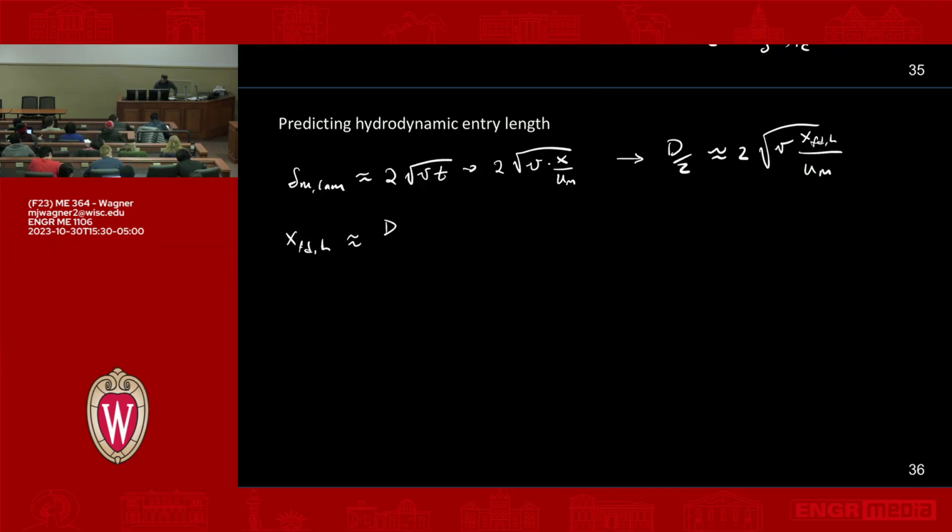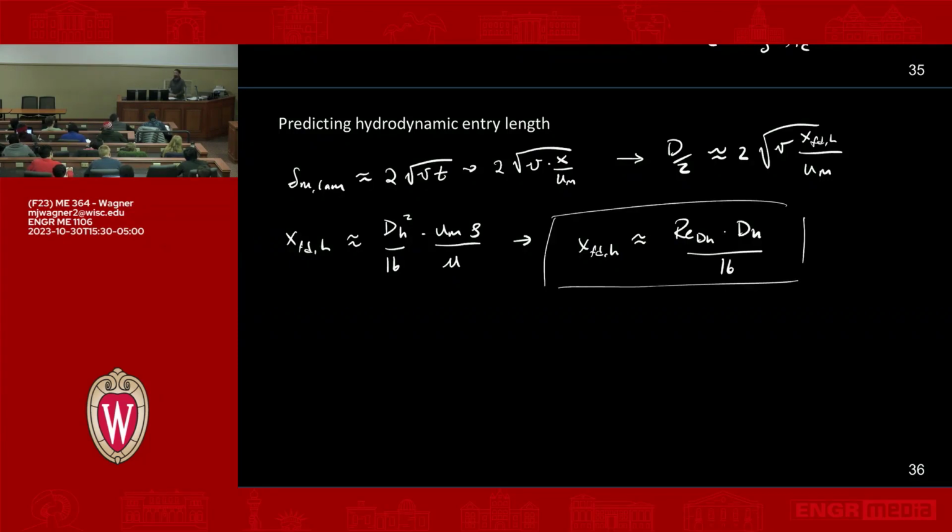we call this the hydraulic diameter d_H. So this is d_H squared over, it turns out to be 16 because there's a bunch of 2's that multiply together, then times u_m times rho over mu. So this is actually the same thing as saying x_FD,H is approximately equal to the Reynolds number in terms of d_H times d_H over 16.